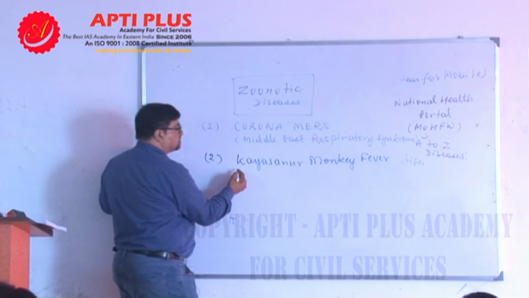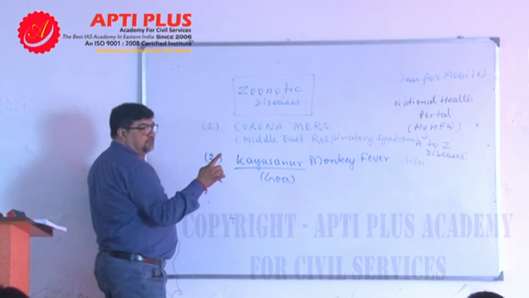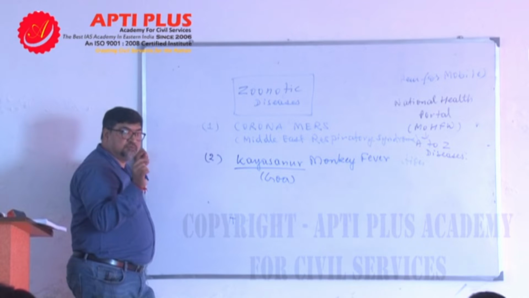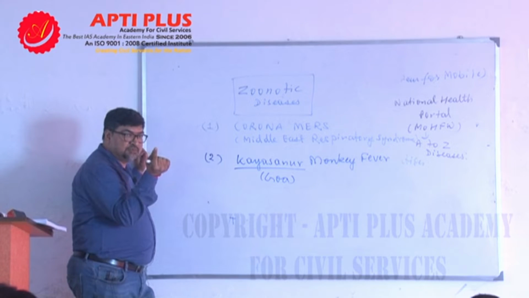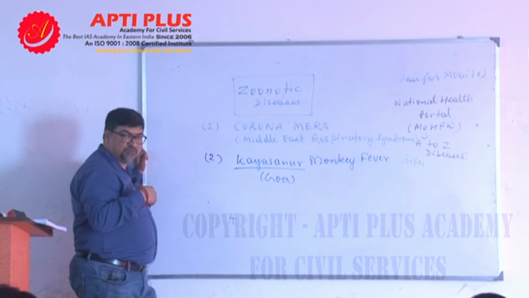There is a forest called Kyasanur Forest. And monkey. Here the monkey. And how it goes through from monkey to monkey, or even from monkey to tick, where small ticks and mites, the parasite, can go to cattle, cows and buffaloes, and from there, cows and buffaloes to humans.